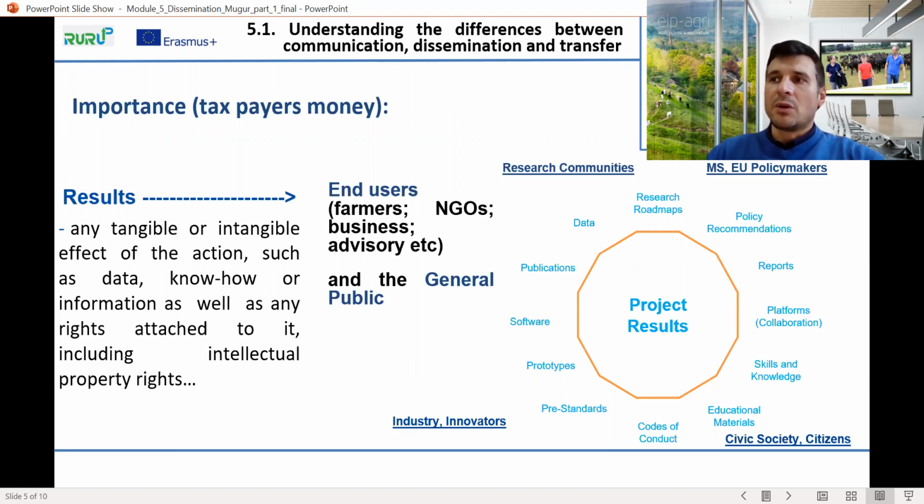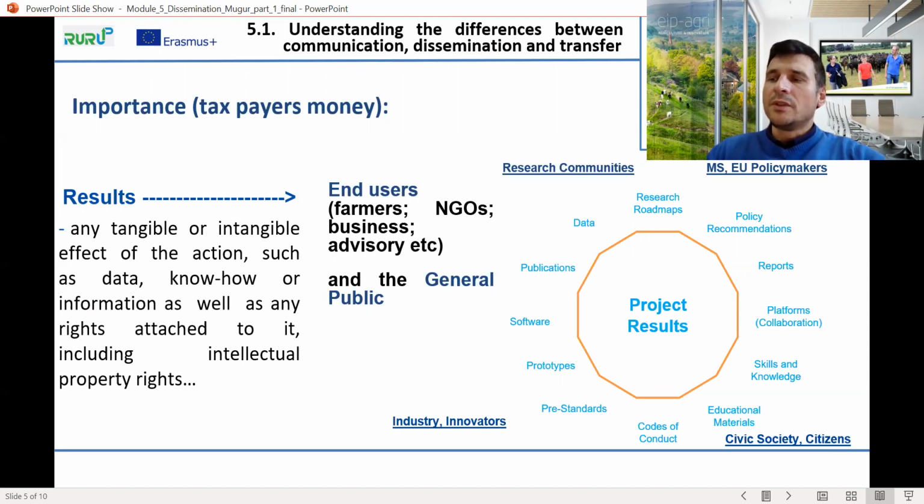The first group of stakeholders targeted by the communication and dissemination activities are the end users. They are the ones that should put into practice the main project results. There are different types of end users, like, for instance, farmers, industry, advisors, NGOs, researchers, policymakers, and so on.